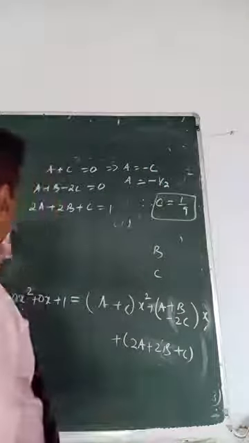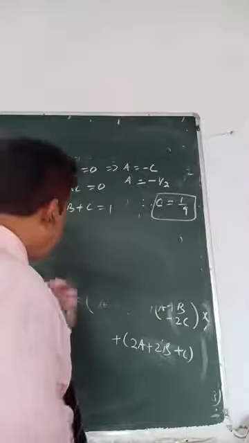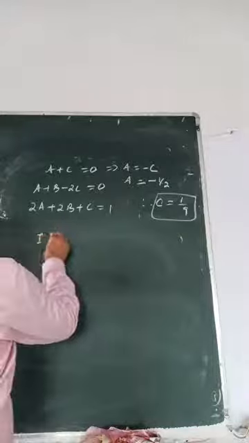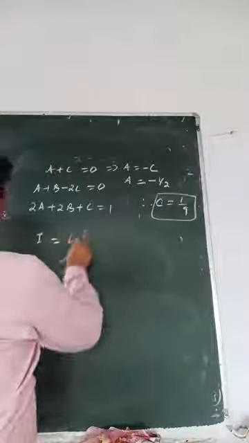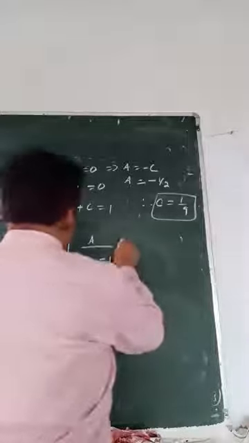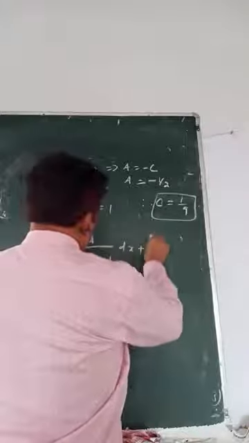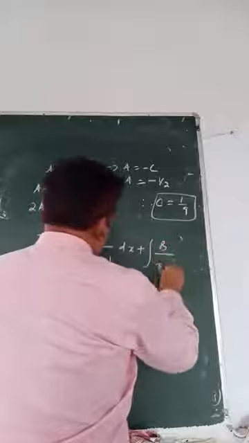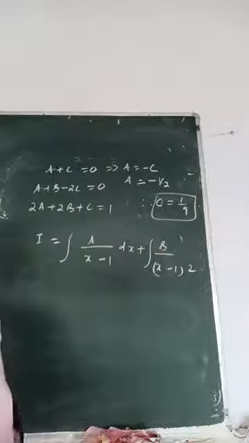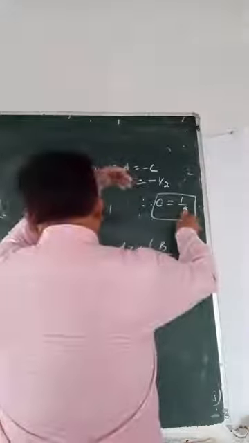So now your integration I equals to a by x minus 1, b by x minus 1 whole square, plus c is 1 by 9.